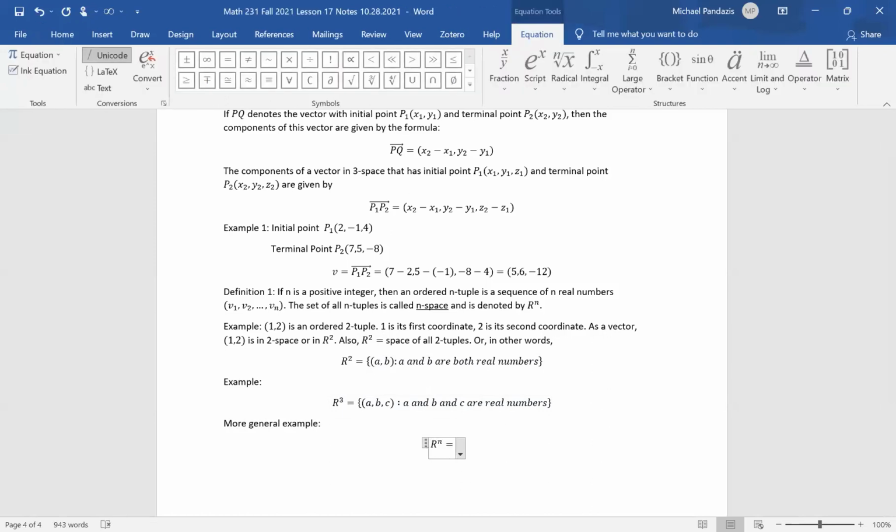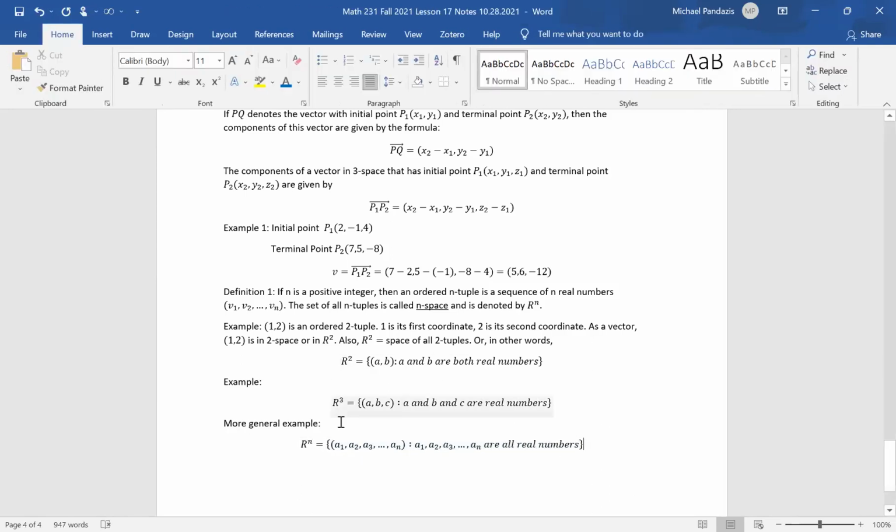R^n, which is n-space, is the set of all ordered n-tuples. So this would be (a1, a2, a3, ..., an) such that a1, a2, a3, up to and including an are all real numbers.